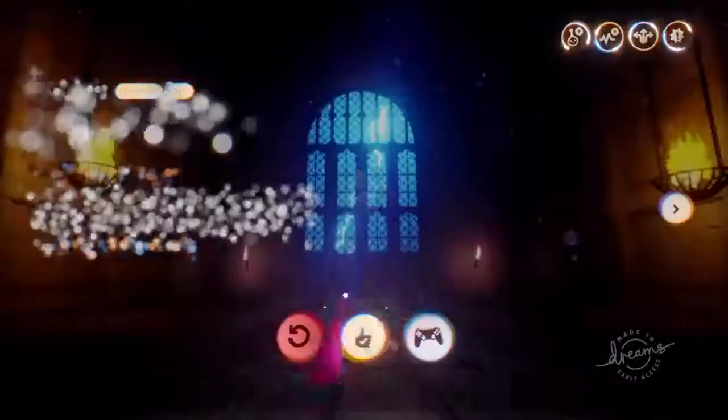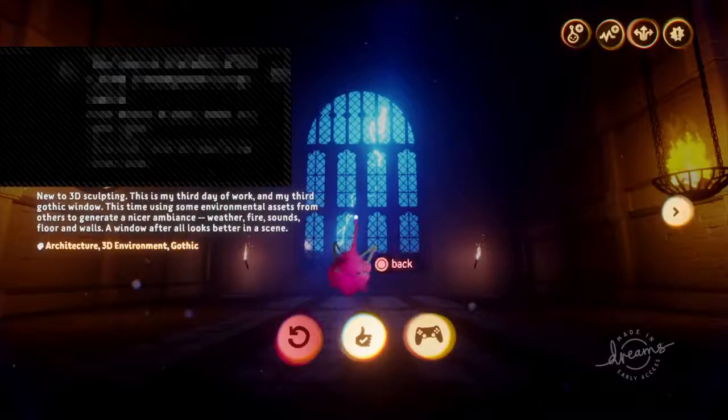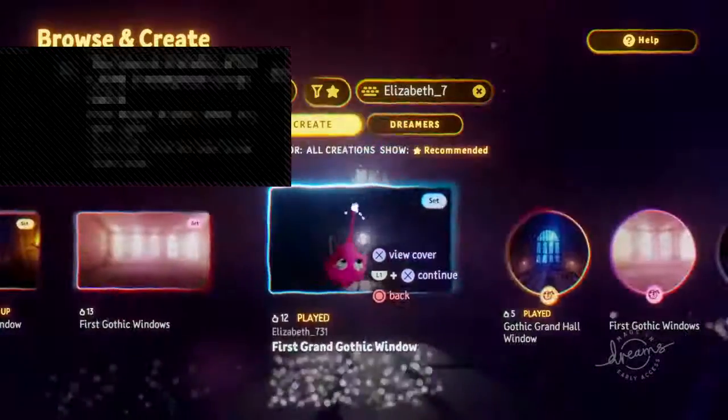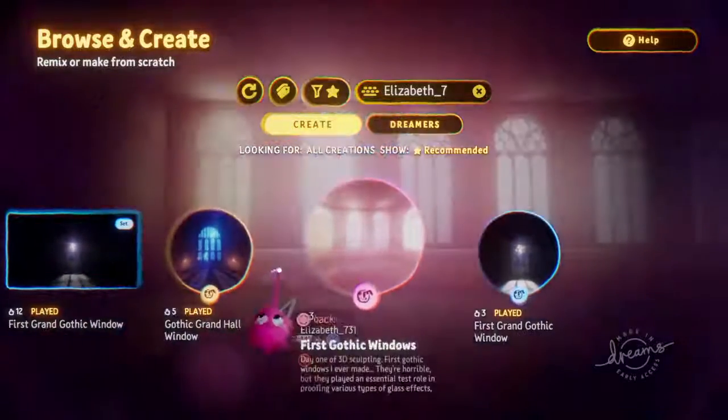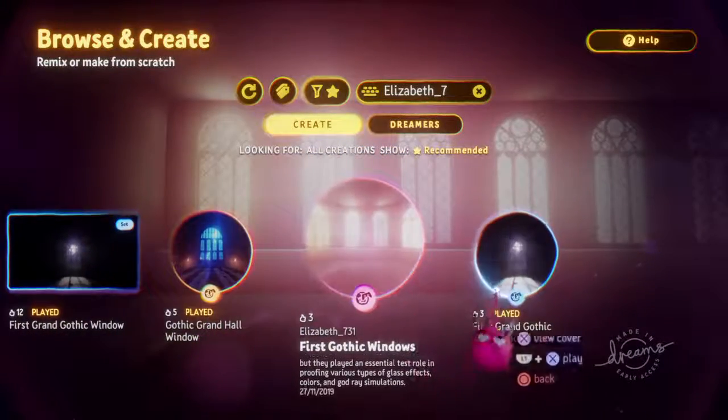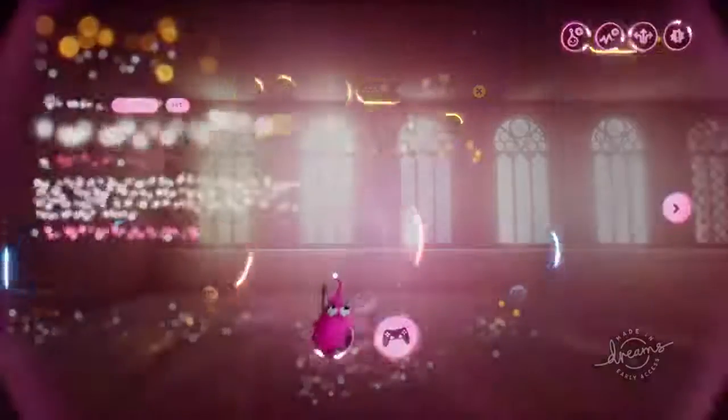This one. So you're gonna make the premier collection of rooms with windows.